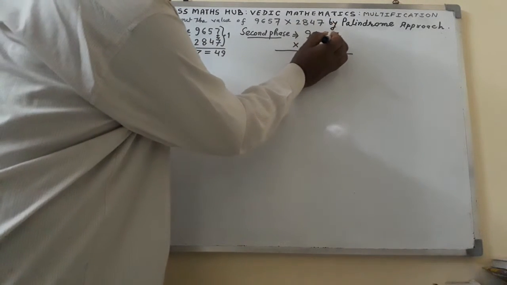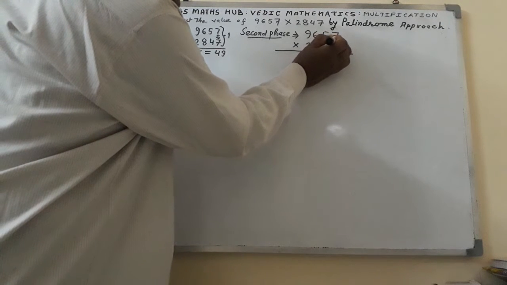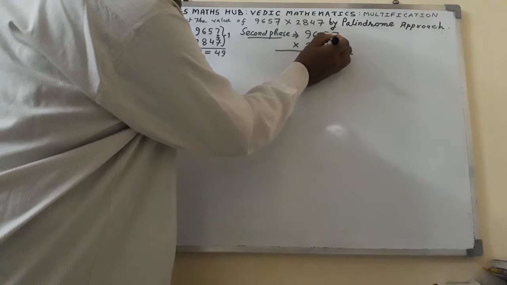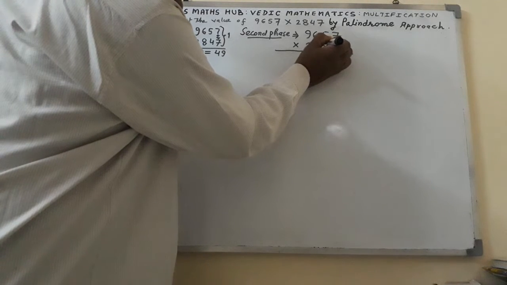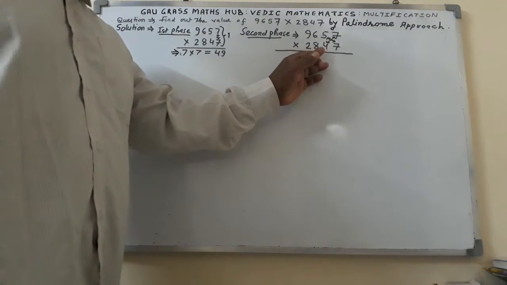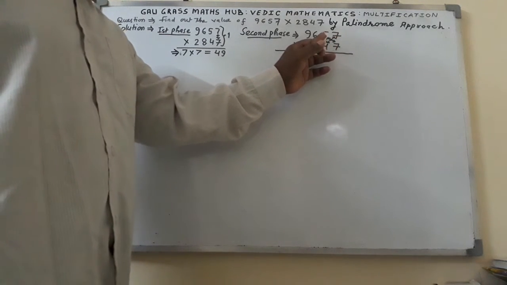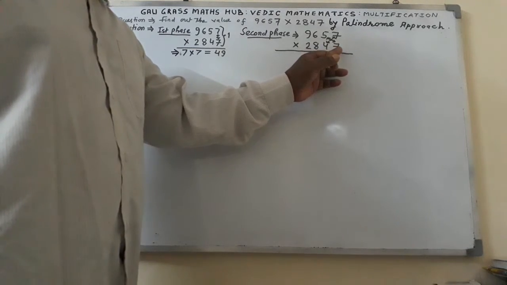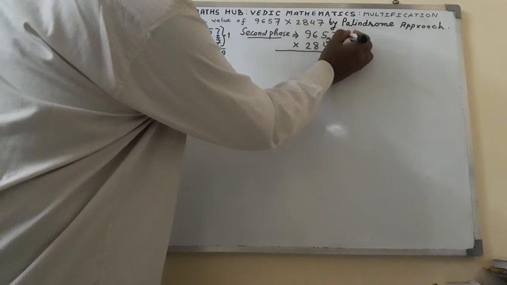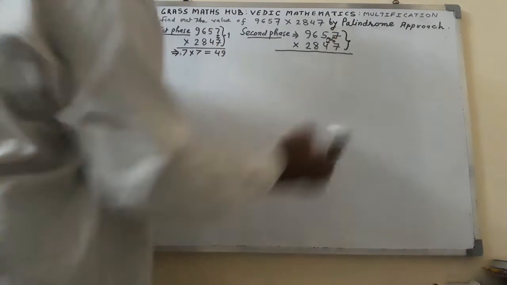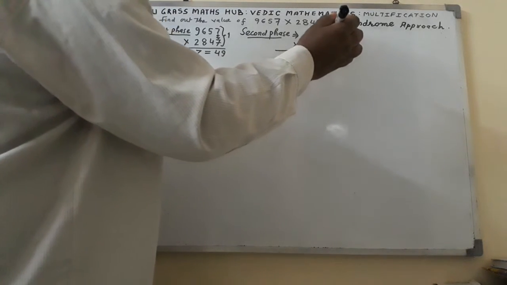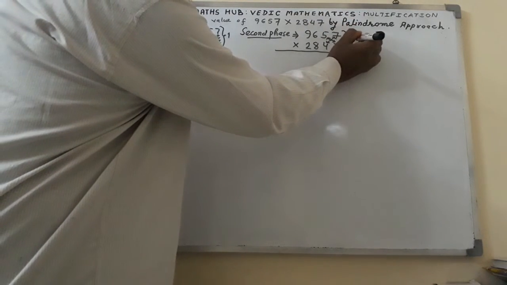But here 5 will multiply by 7 and this 7 will multiply by 7. This 4 will multiply by 7 and this 5 will multiply by 7. Here in this case, this will be palindrome approach number 2.